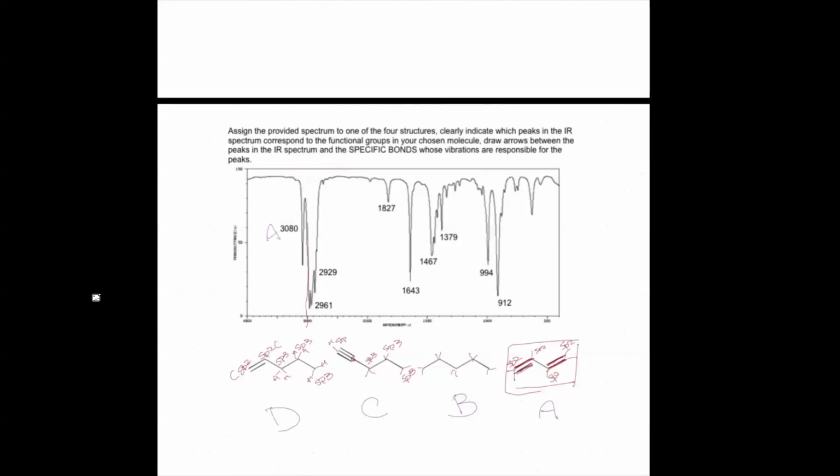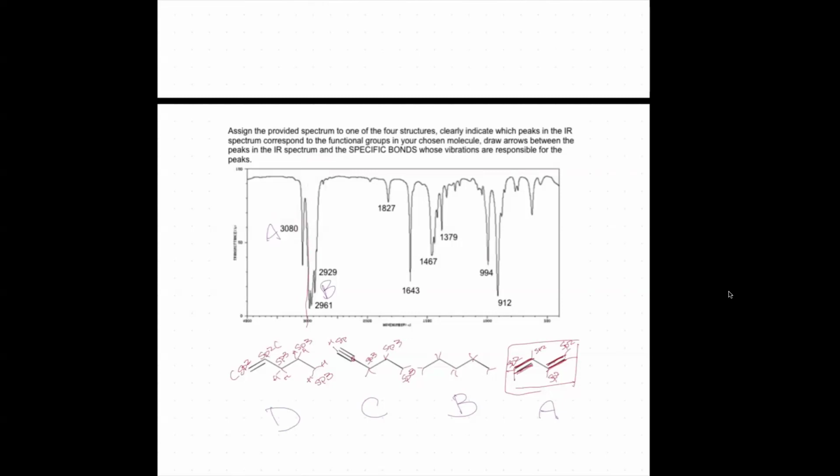So we'll put A here. I don't know what the answer is, I just pulled this up. What about B? B is completely sp3, so let's put that at 2961, 2929. So we'll put B in this range.